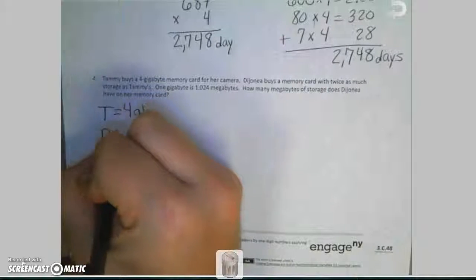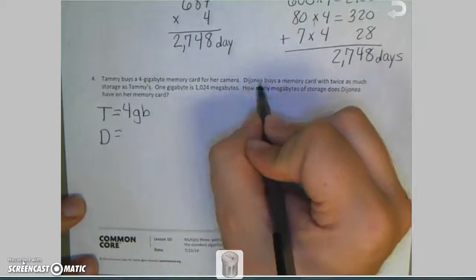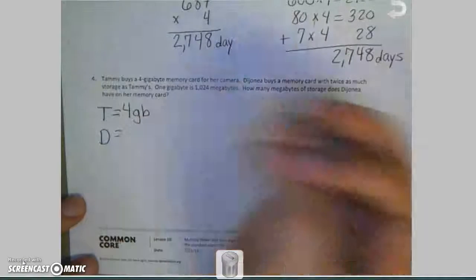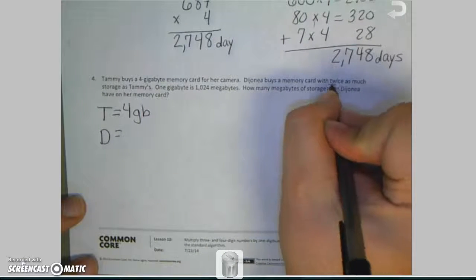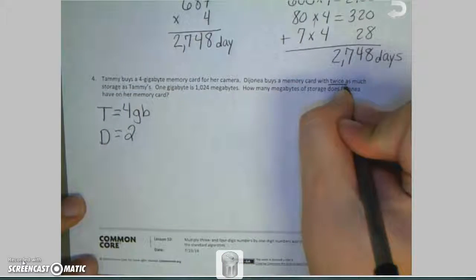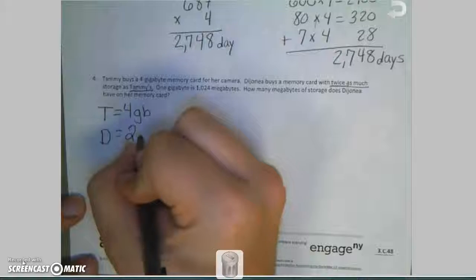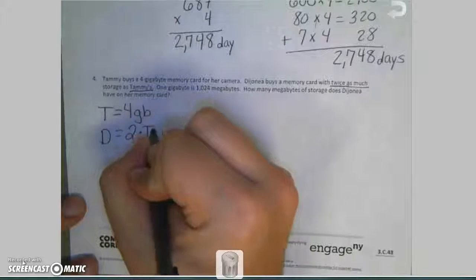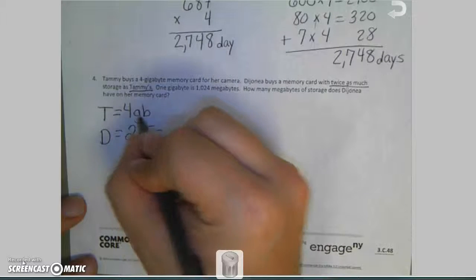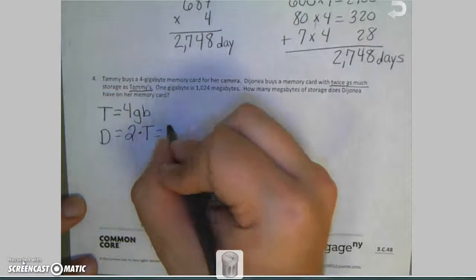And Dejanay, if I go back to my story, it says Dejanay buys a memory card with twice as much storage as Tammy. So twice as much means 2 times. So it's twice as much as Tammy. So it's 2 times Tammy. Well, here I can substitute Tammy with 4 gigabytes because that's how much Tammy has.